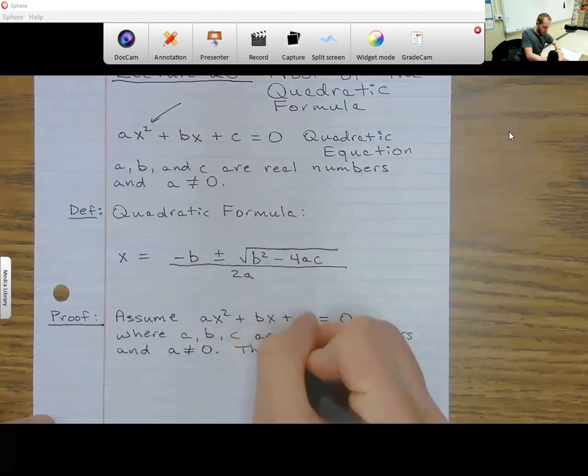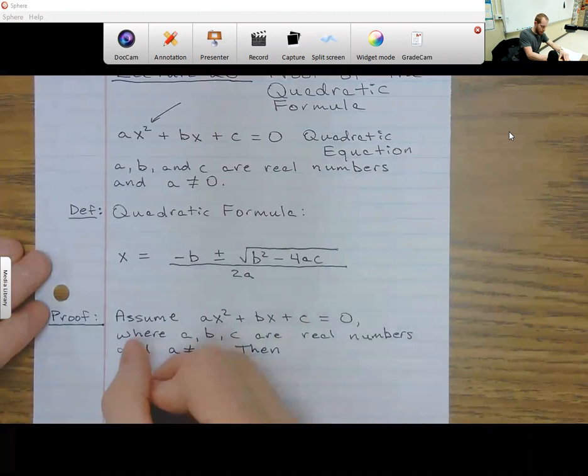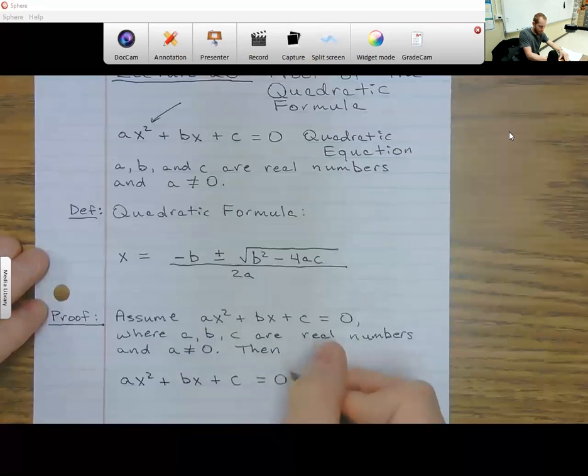All right. So now what I'm going to do is copy down this equation down here. Ax squared plus bx plus c equals 0.